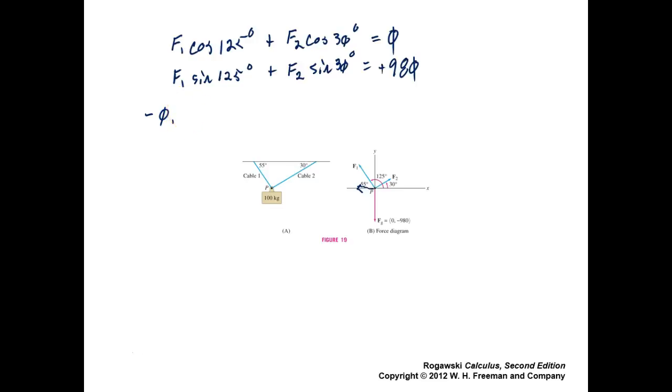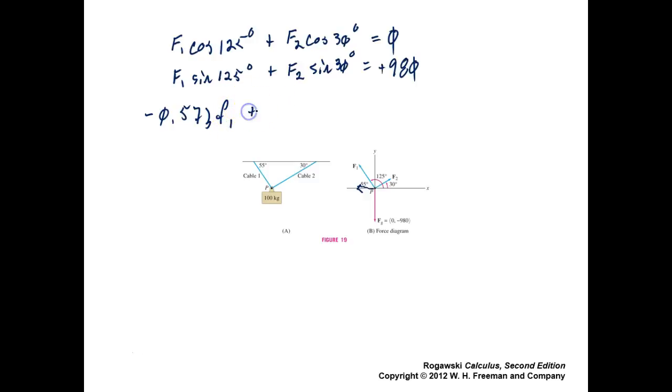Please say yes, somebody. It is a negative. 0.573, yeah, that's what they got. Negative 0.573 times, and they're calling this little f1, that's the magnitude.